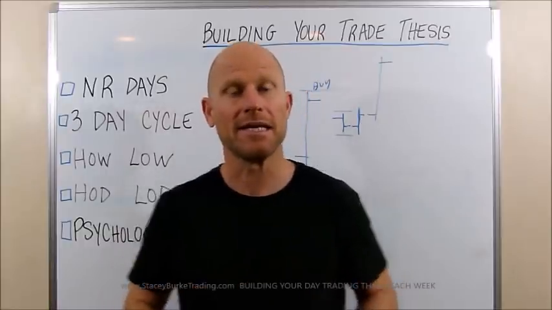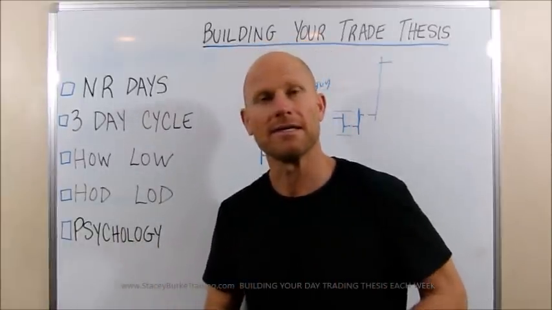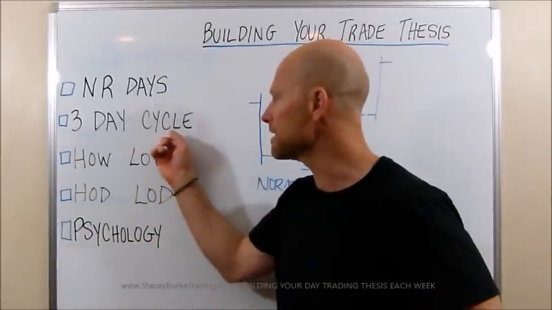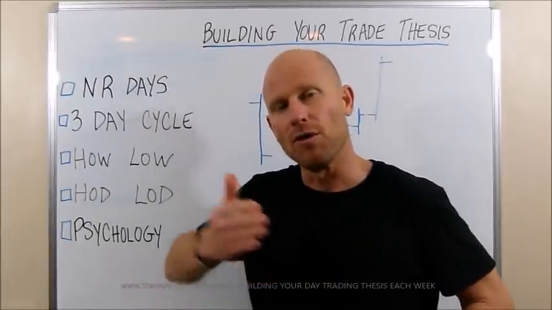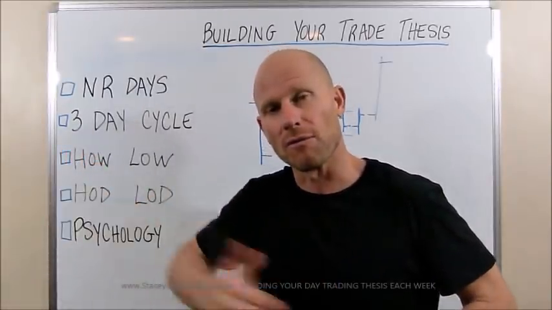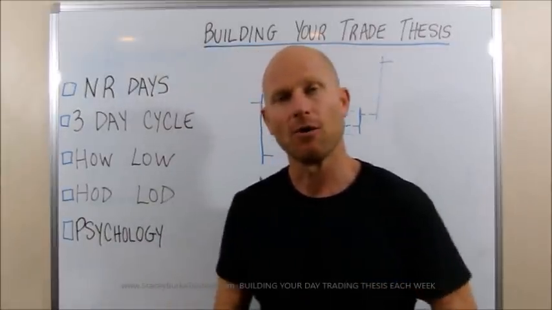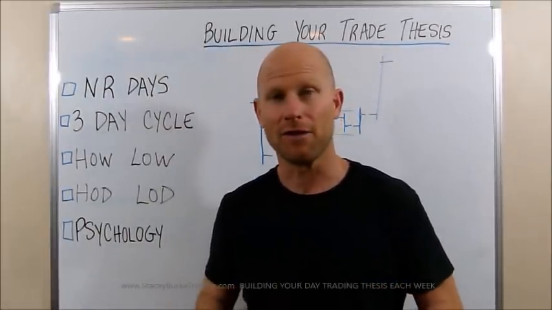And those are the days that I like to look for, because we usually get at least one of those a week on most pairs, because again, that weekly cycle, the 3-day cycle of moving in one direction before reversing, or moving in one direction and pulling back and continuing that move, helps to identify in that Monday to Friday cycle when we potentially are about to have a large move.